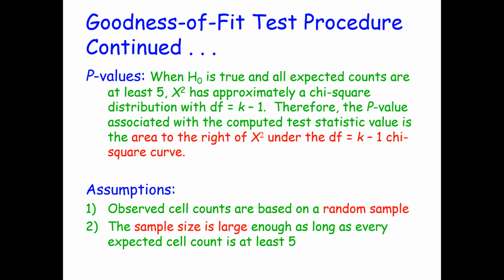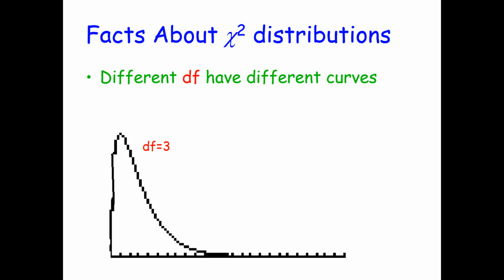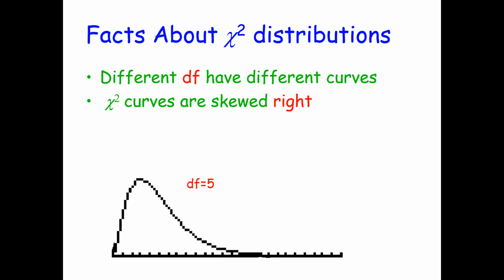So what are some facts about our chi-squared distributions? Well, different degrees of freedom have different curves. Notice here that we have a degrees of freedom of 3. All of our chi-squared curves are going to be skewed to the right, as we see here. But if we change our degrees of freedom to, let's say, 5, we're going to see how that changes our curve.